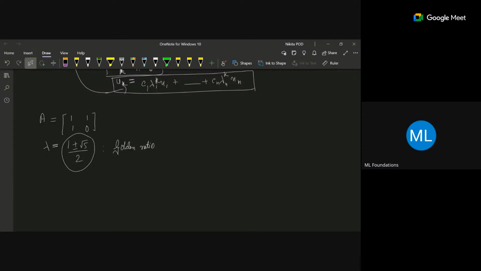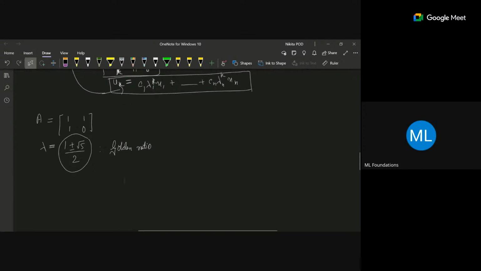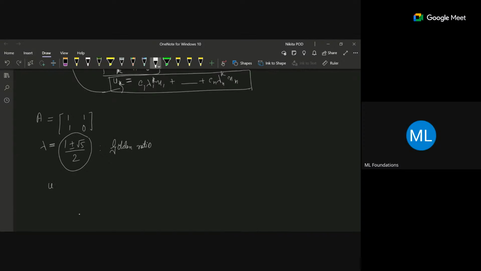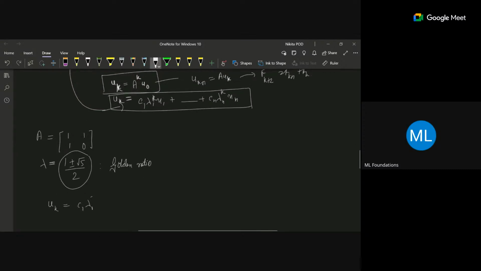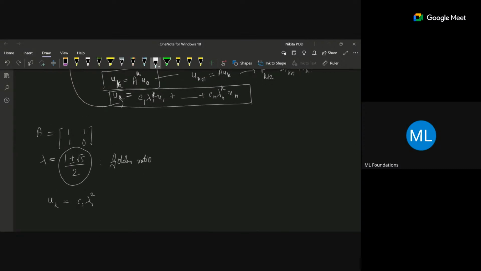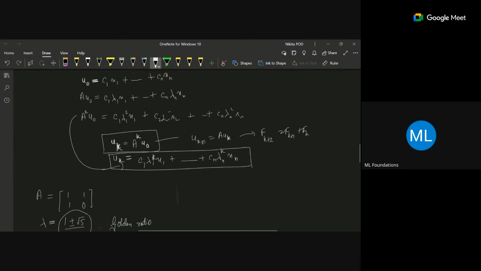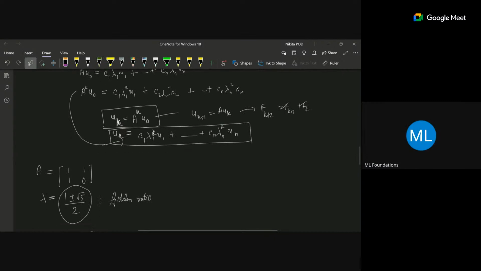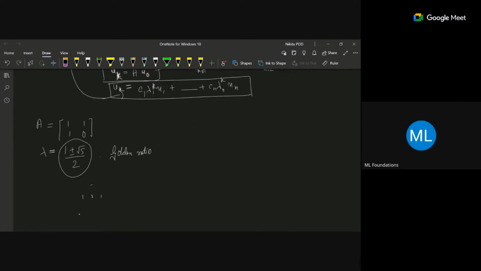Now, since this is just a 2 cross 2 matrix, how will the solution look like? This solution will look like uk to be c1 lambda 1 to the power k x1 plus c2 lambda 2 to the power k x2.